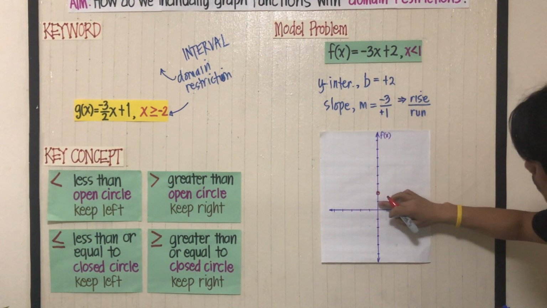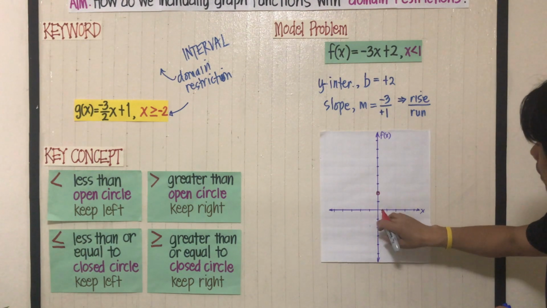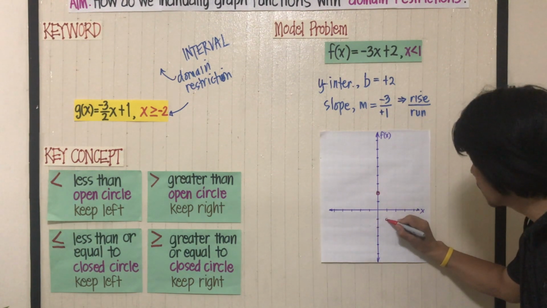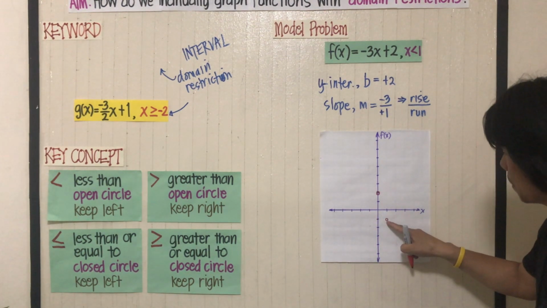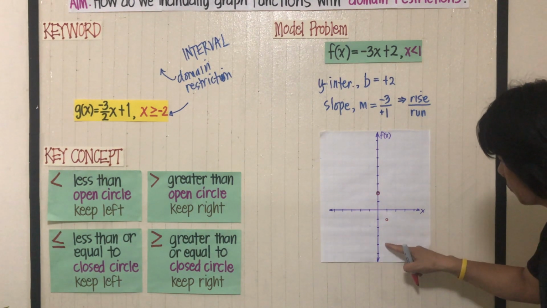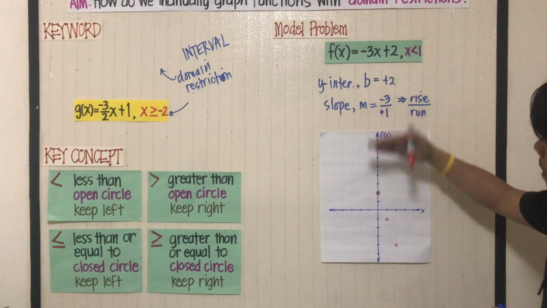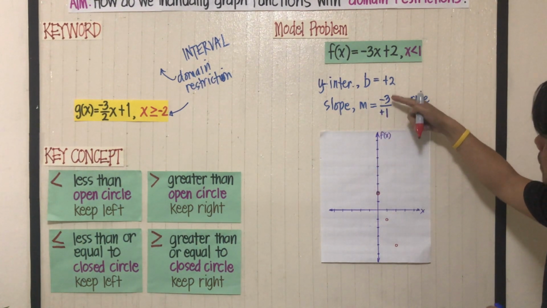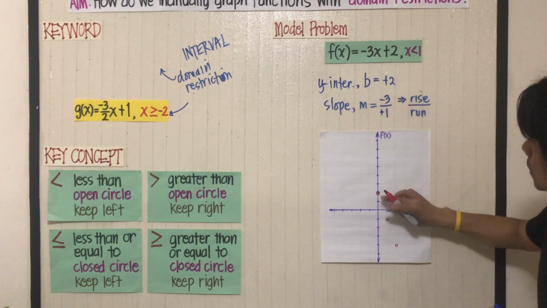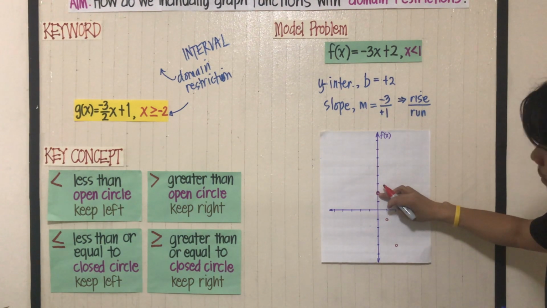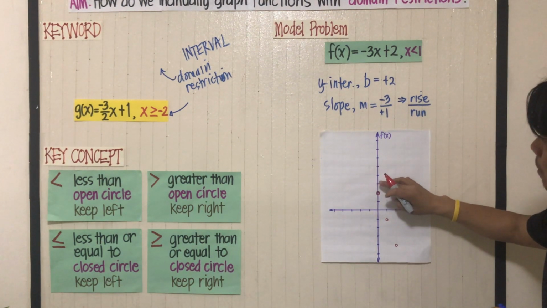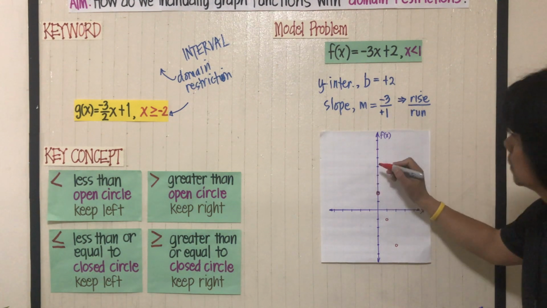So I go down 3: 1, 2, 3, then to the right 1, again an open circle for now. Repeat the process, 3 down, 1 right. If I need more points on the upper part of the grid, I simply change the signs. From the y-intercept, positive 2, I go up 3: 1, 2, 3, and 1 to the left.